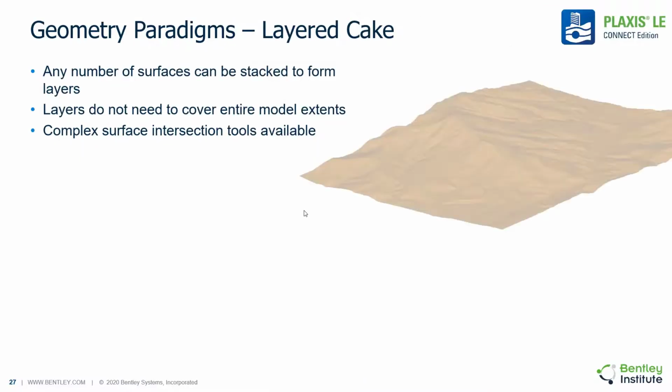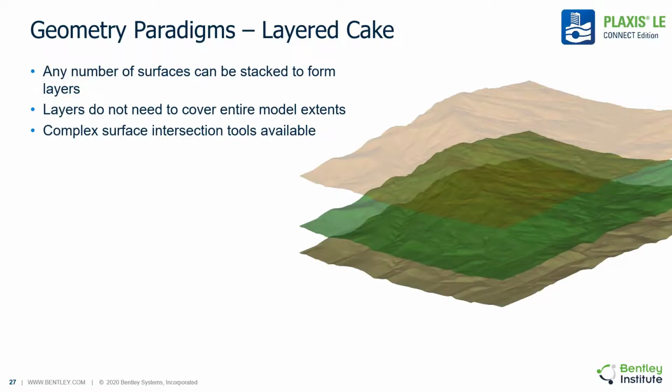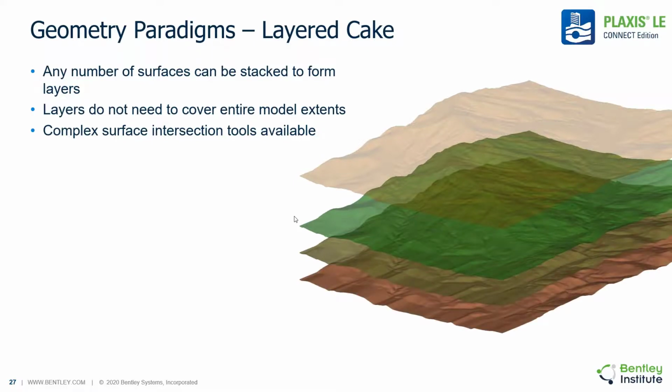For a layer cake, let's just point out that any number of surfaces can be stacked to form layers. Layers do not need to cover the entire model extents, and complex surface intersection tools are available in PLAXIS LE to help users handle a layer cake approach.